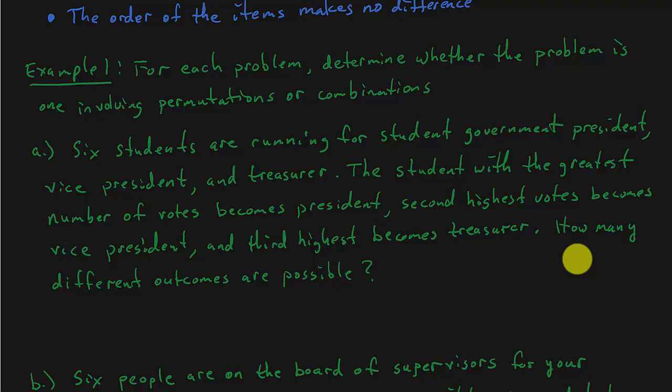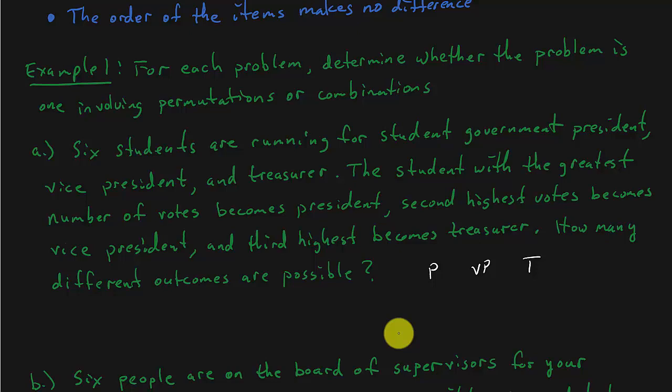All right, so out of the 6 students, we're choosing 3 of them. So we've got 6 and we're choosing 3. And the way that we choose these, does the order make a difference or not? Well, we've got president, vice president, and treasurer.